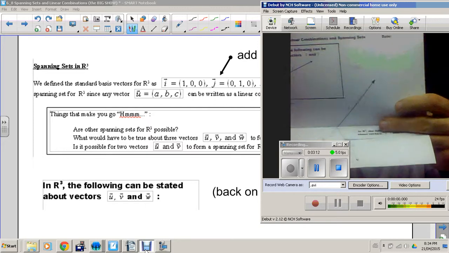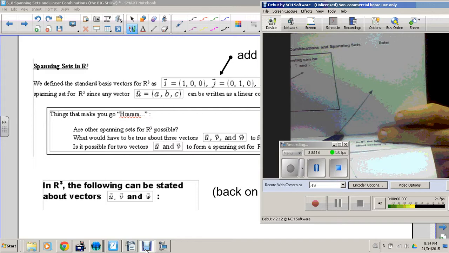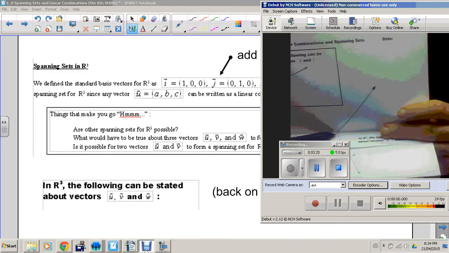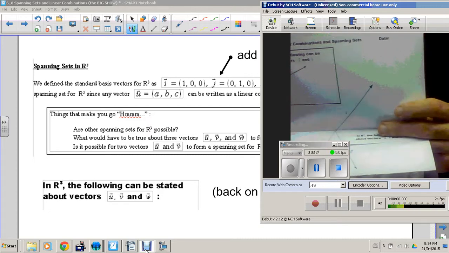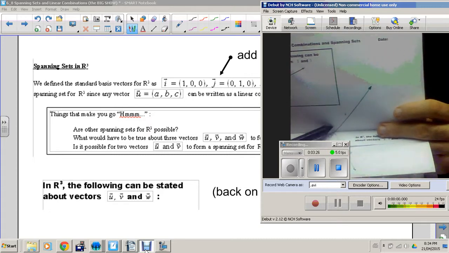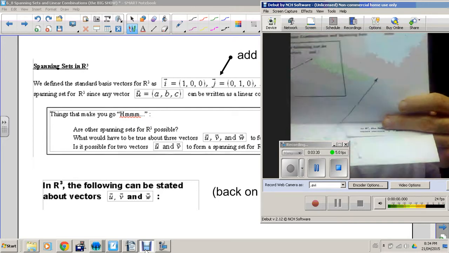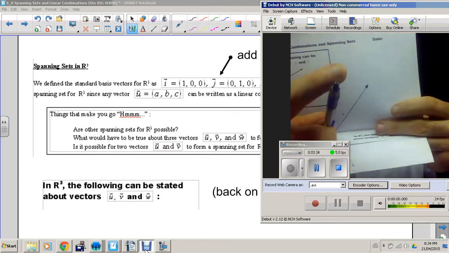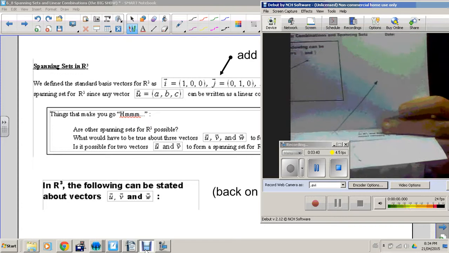So I could write, and I will in a moment, i as a little vector in this direction. j would be in the direction of y, which is this way, right? x and y. And then k is in the z direction, would be a little vector here. So I'm actually going to add i, j, and k, and then we could see any vector u that was shooting off into space, anywhere like this, could be just some linear combination of i, j, and k.